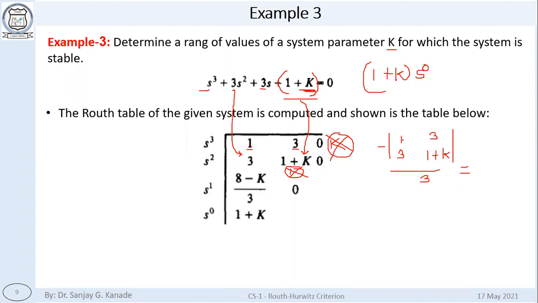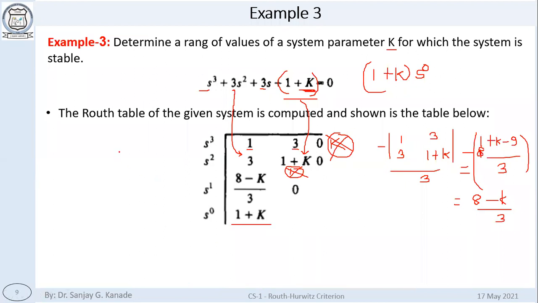The first determinant, and then you get the value of, okay, let me write, 1 plus k minus 9 divided by 3, and everything will have a negative sign. So it becomes 8 minus k divided by 3, right? And similarly, this value will be calculated. So 1 plus k. So now we have to apply the condition for stability.